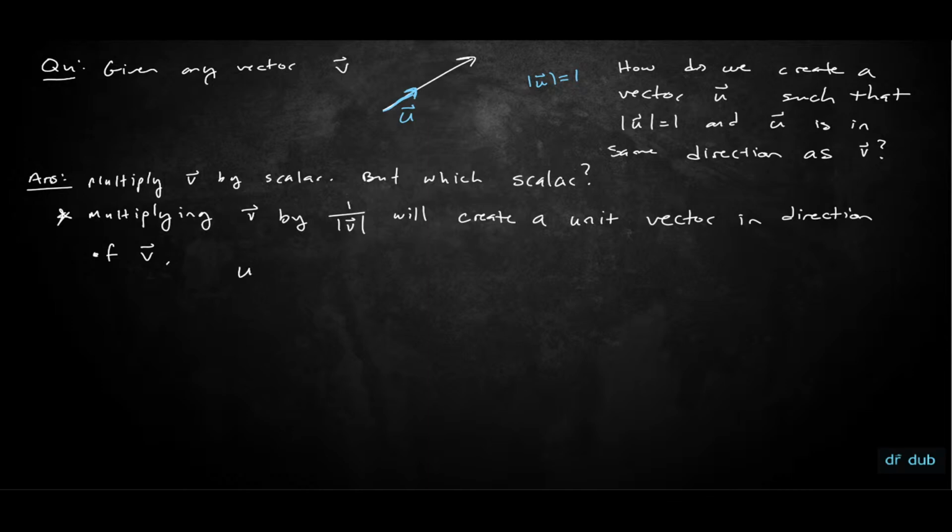So you could say u is 1 over the magnitude of v times v sub x comma v sub y, let's just say if I'm in 2 dimensions.